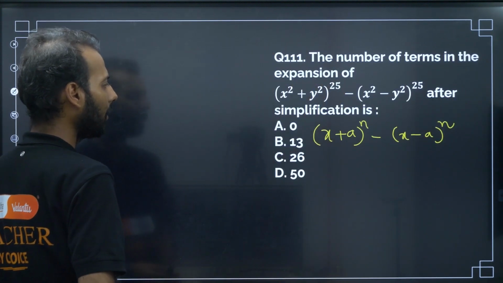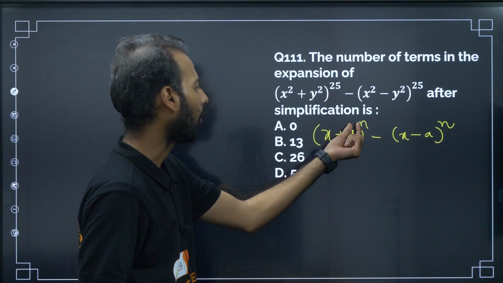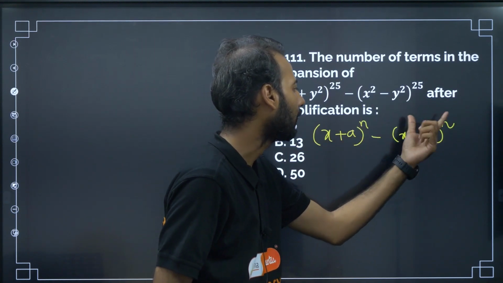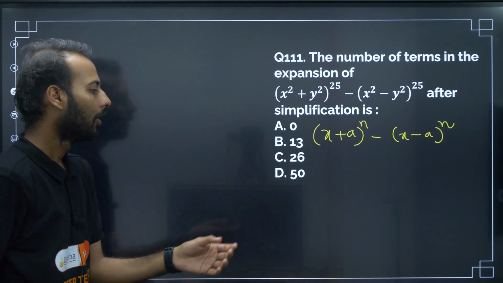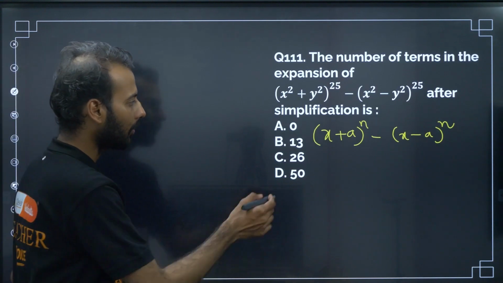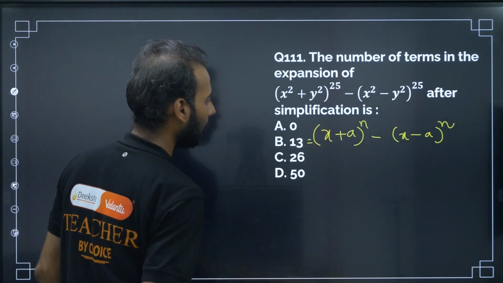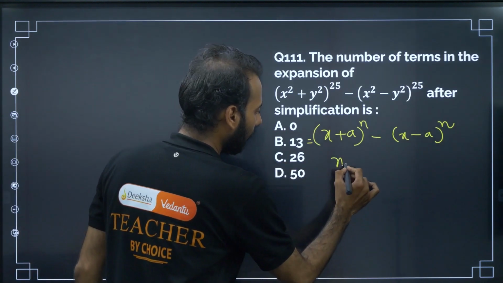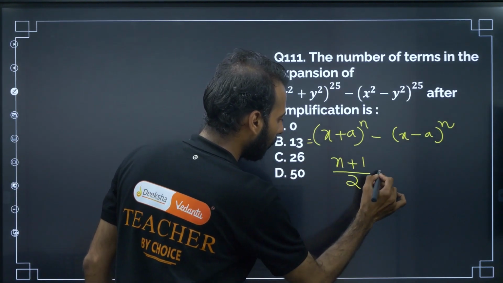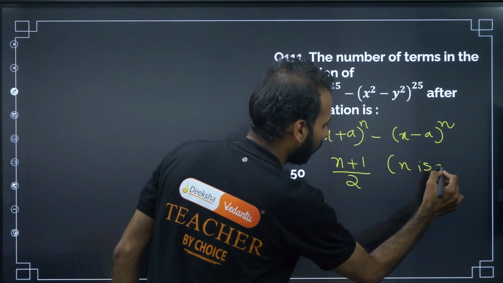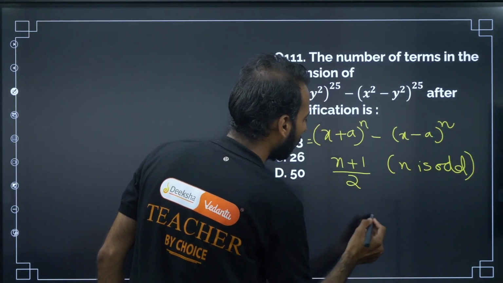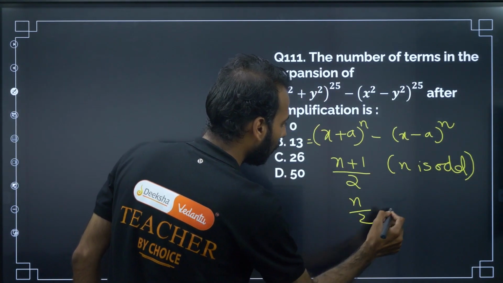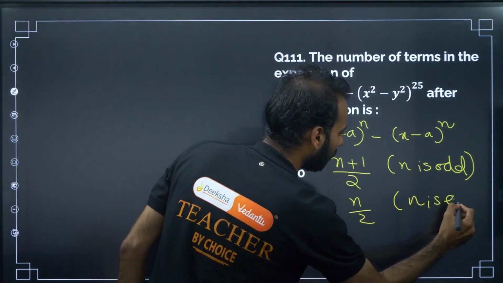If any expression is in this form, x plus a power n minus x minus a power n, I am revising the synopsis point. It is very difficult to explain the whole story at this point. So if it is of this form, then the number of terms is n plus 1 by 2 if n is odd, and n by 2 if n is even.